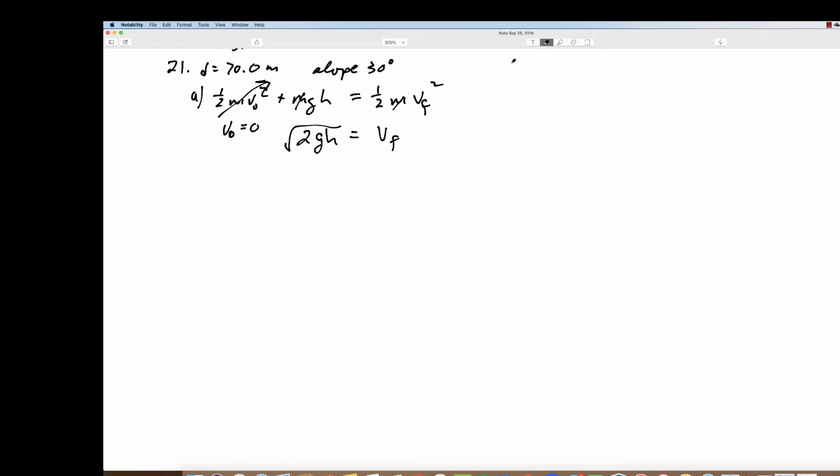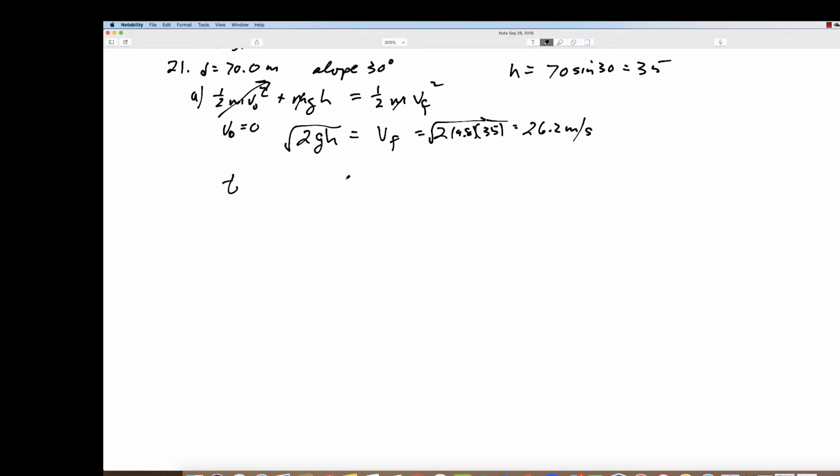Now h here is going to equal 70 times the sine of 30 degrees, and the sine of 30 degrees is 0.5, so it's 35. So vf equals the square root of 2 times 9.8 times 35, and if we do the math, that's going to be 26.2 meters per second.